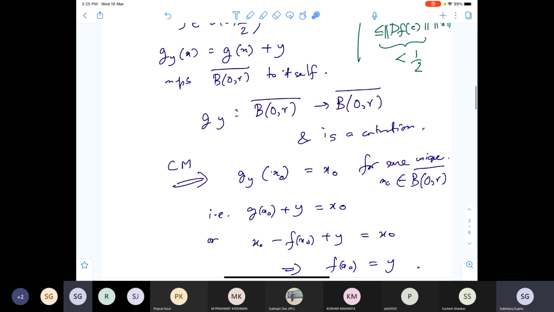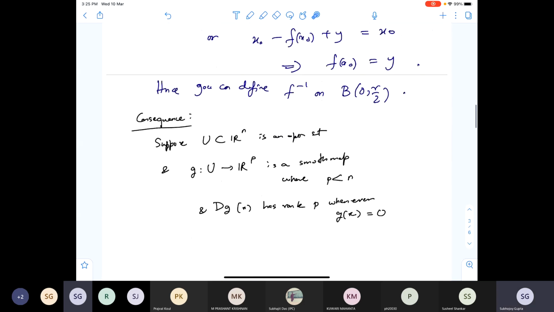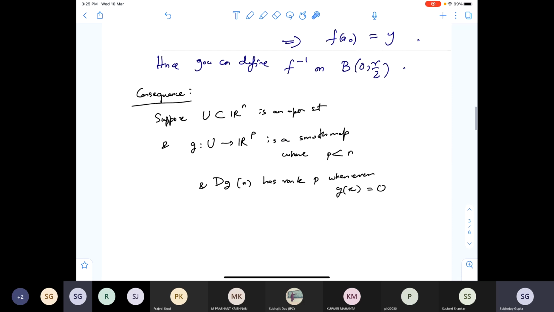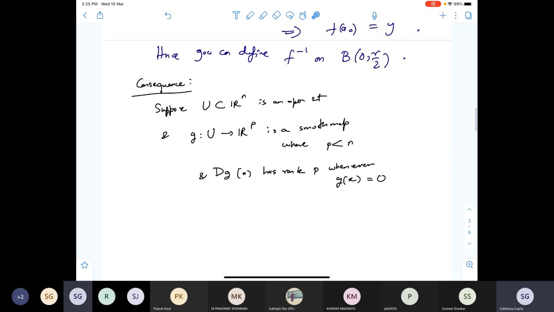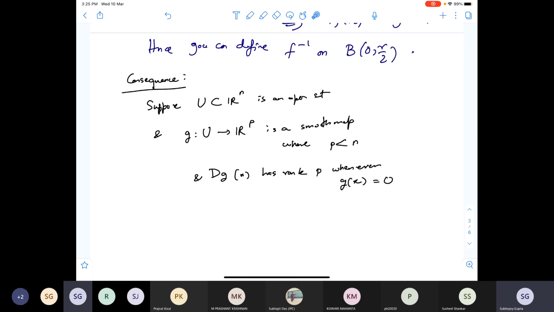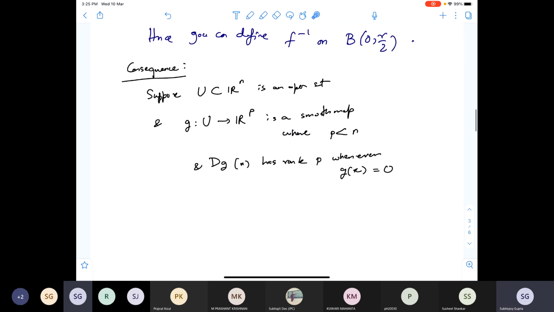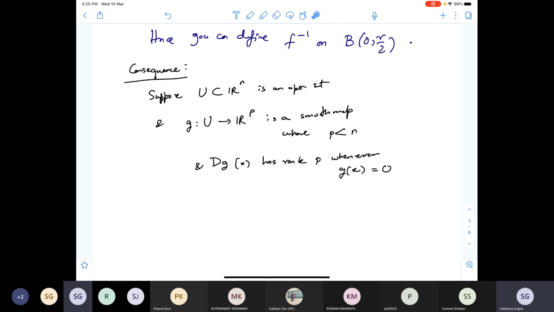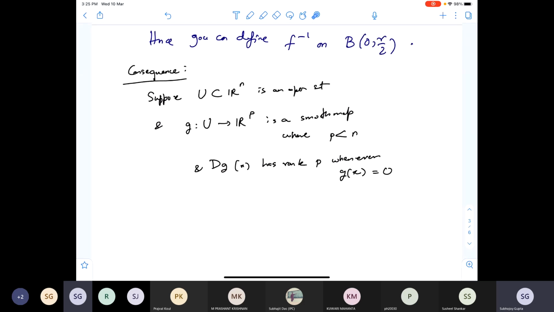Okay, but anyway, so that's the proof of the inverse function theorem. And one of the consequences I wanted to mention is that you can construct manifolds using the inverse function theorem. So suppose you start with a smooth map from U to Rp, where p is less than n.